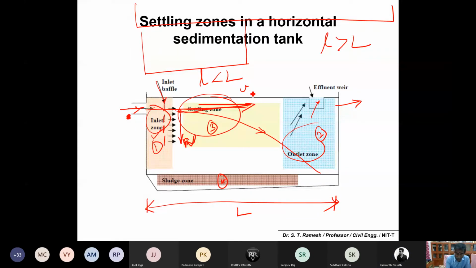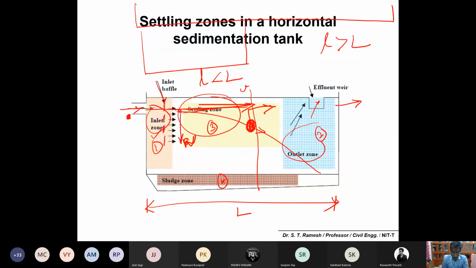Imagine if I cut down my treatment design like this, what will happen? Particles may not come into a sludge zone. They may remain suspended here, and if the flow velocity is higher, it will take the flocks away to the filtration unit, which may create a lot of load on the filtration operation.